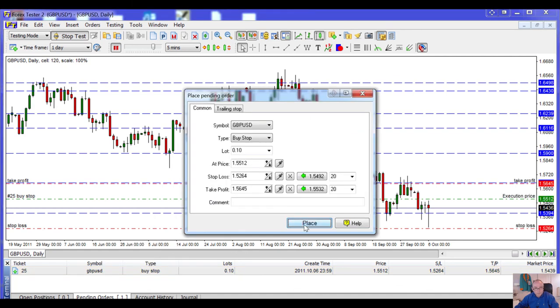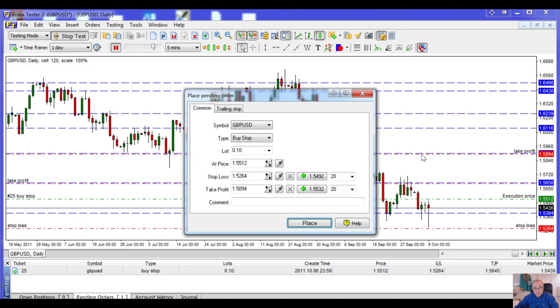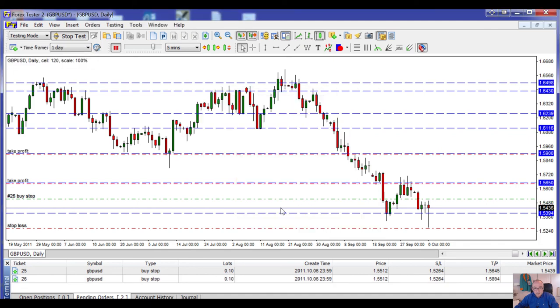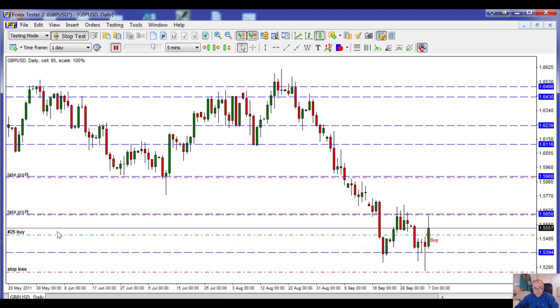So we duplicate that order and we place our take profit target at the second level of resistance up here. So there's a good risk reward on this trade, and let's see how this plays out. We've got to make sure that it trades on the next bar for entry, and indeed it does.